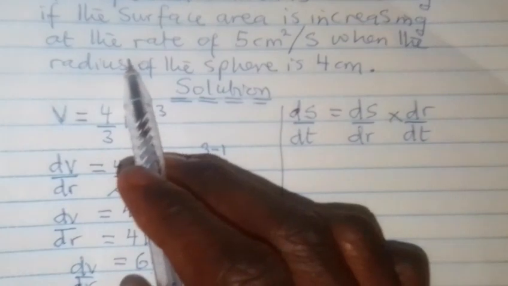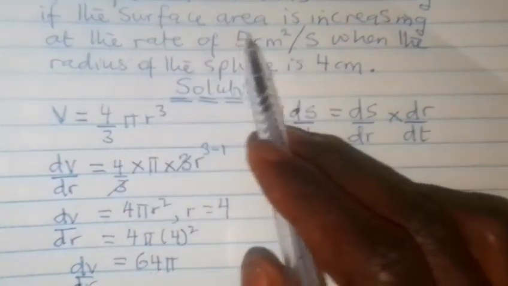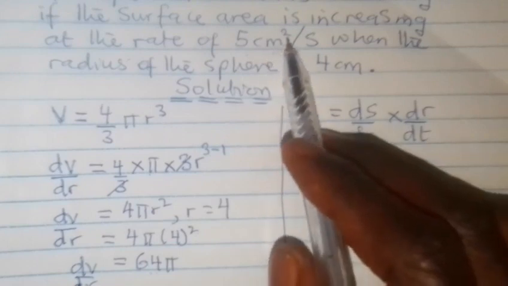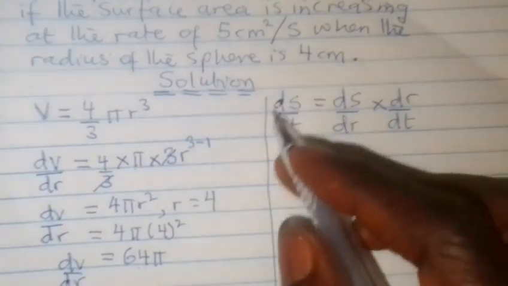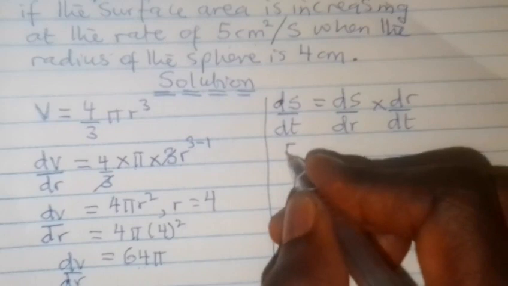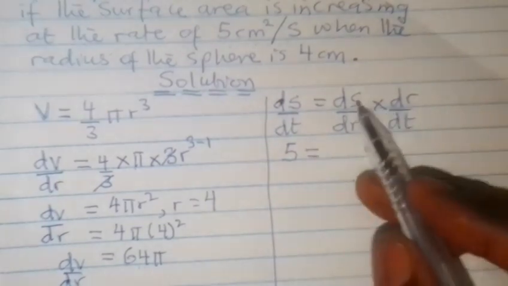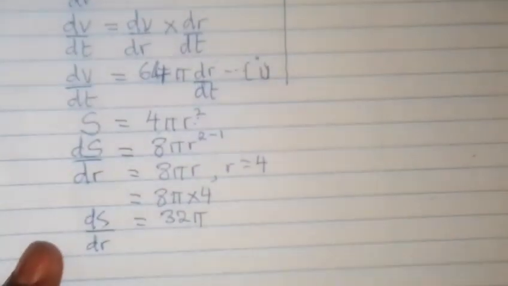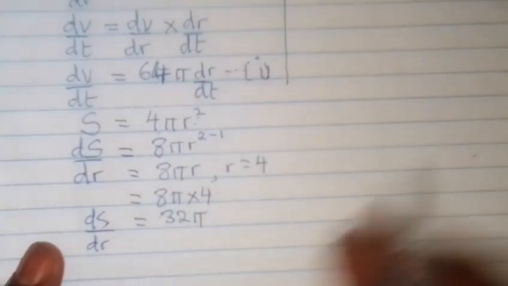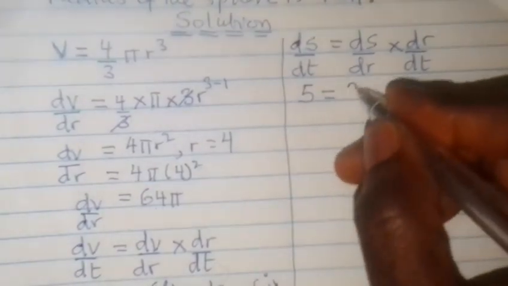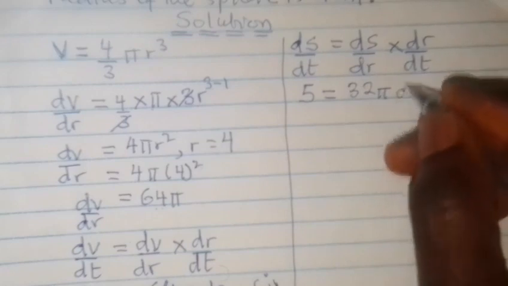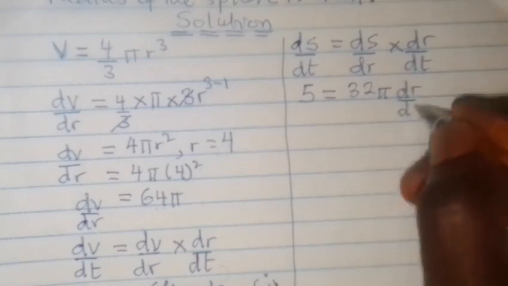That is, the surface area is increasing at the rate of 5 centimeter squared per second. So our dS dt here, we are going to replace with 5, equal to the value we got for dS dr. And from what we did lastly here, our dS dr is 32 pi. So we bring it up here and we write 32 pi, then dr dt.